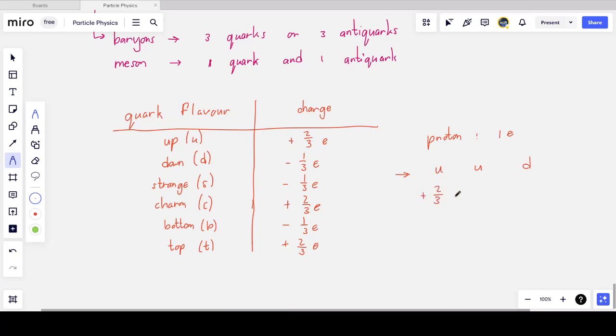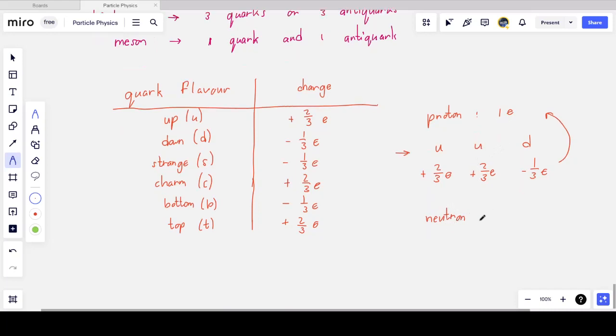That's a plus 2/3 e charge, plus another 2/3 e charge, and you guessed it, the down quark has a charge of minus 1/3 e, so the total charge is definitely e. Now, this will not work for a neutron, obviously, because a neutron is neutrally charged. So the charge on the neutron is 0, and we found that the neutron is made from an up quark, a down quark, and another down quark.